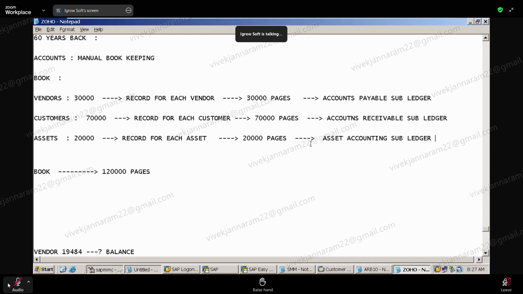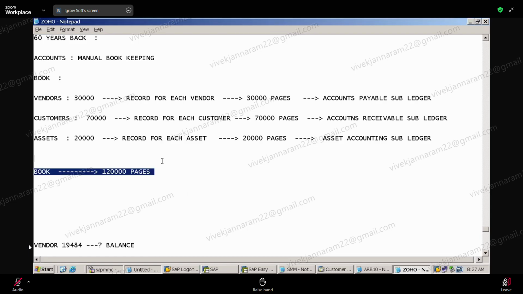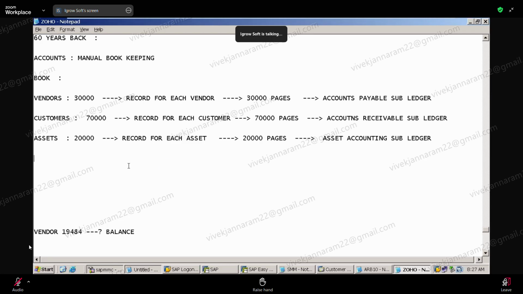But here still we are maintaining the general ledger also. Why? I will tell you. See here, if someone is asking about vendors, I will open this subledger. If someone is asking about customer, I will go to this subledger. If someone is asking about assets, I will go to the assets subledger.